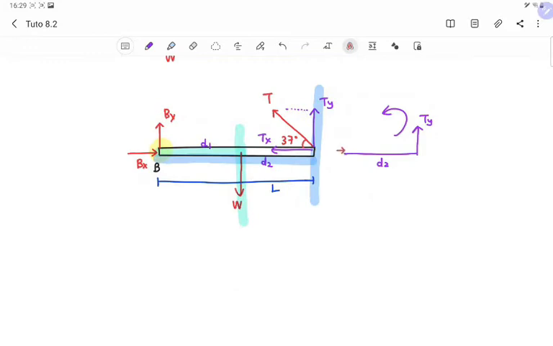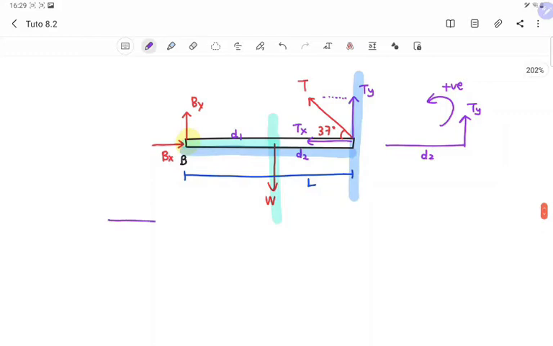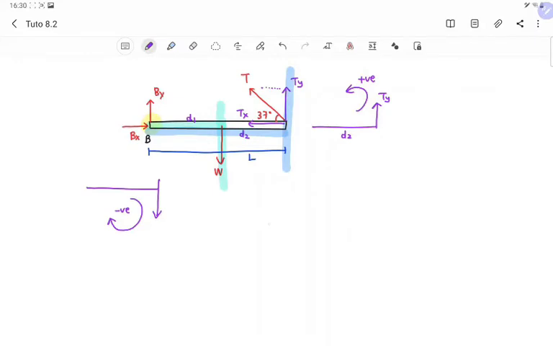Okay, so torque due to Ty, this is the D, torque going up. So the direction is anti-clockwise. This one you will get positive torque. Okay, for the W, this is the D, W is going down. So the direction of rotation is clockwise. Clockwise is negative. Okay, so we can start our calculation.